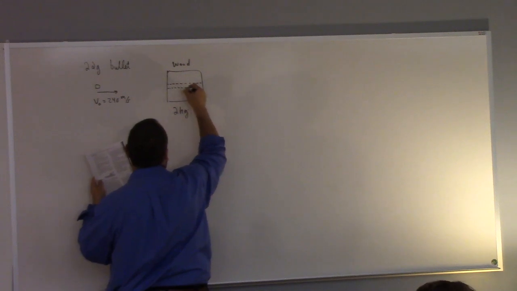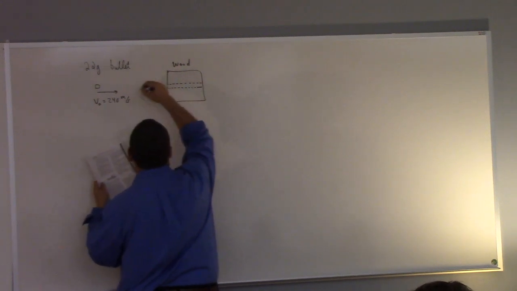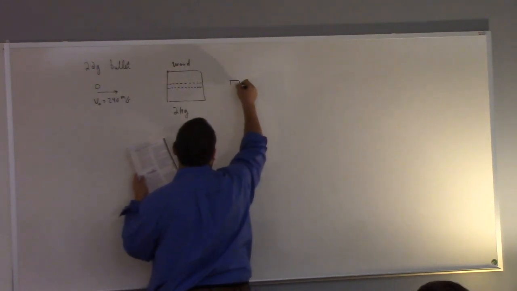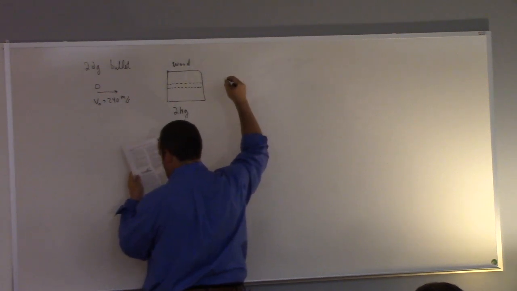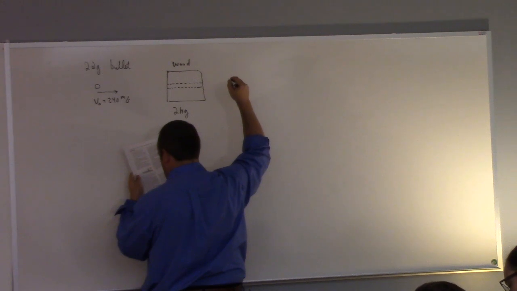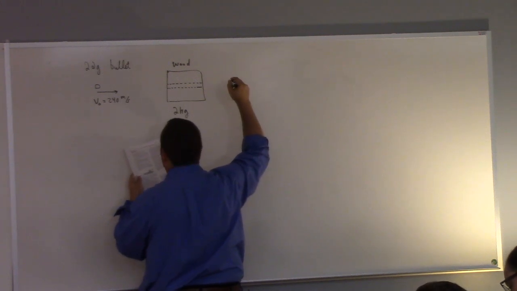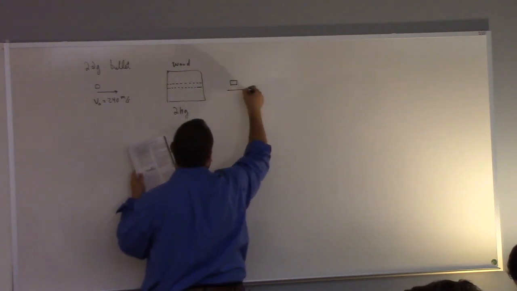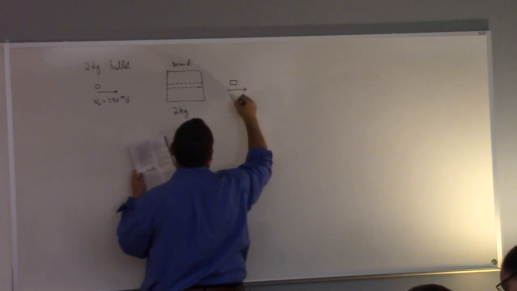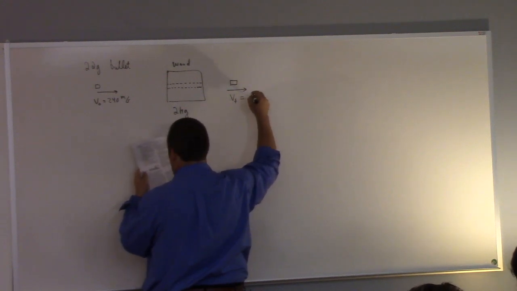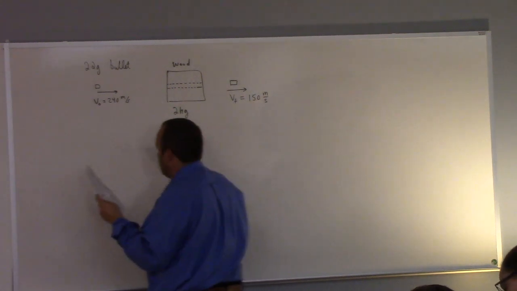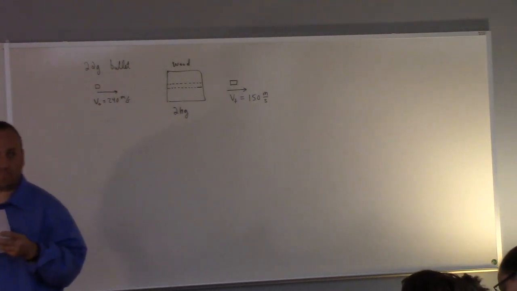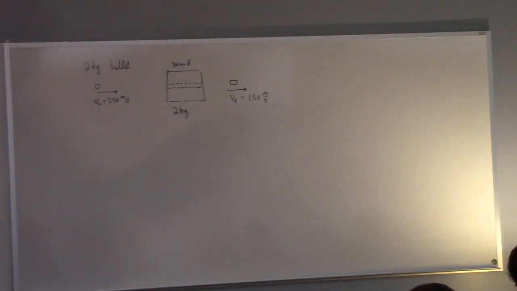So it rips through this wood, maybe cuts a hole through it, and then the bullet comes out the other side, right? The mass of the bullet is still the same. And when it leaves, the bullet is going a final velocity of 150 meters per second. So it's slowed it down. That makes intuitive sense, right? Shoot a bullet through a wall or something, it's going to slow it down a little bit.